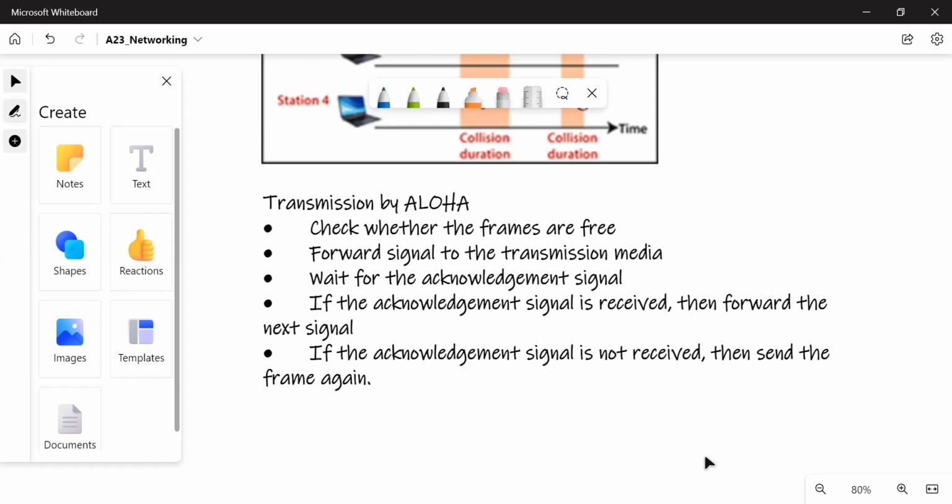When it is received at the receiving end, we normally get an acknowledgement. If you get the acknowledgement, you will forward the next signal. Otherwise, you will wait and send the frame again.